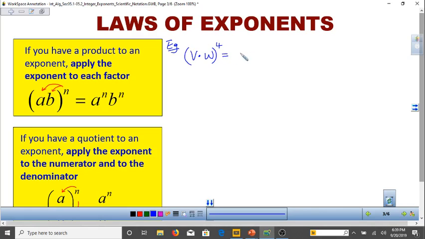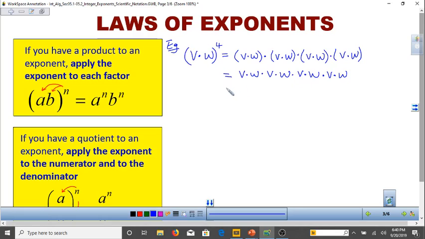Well, what that means is we're multiplying v times w 4 times. And that means, since multiplication of real numbers is commutative and associative, I don't need the parentheses because of the associative property.